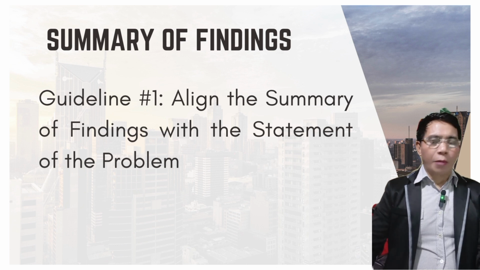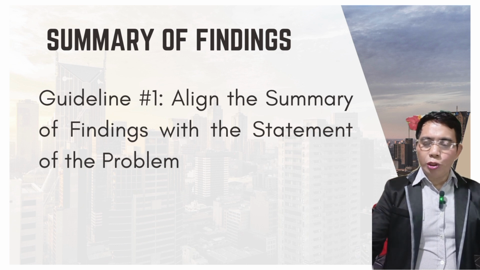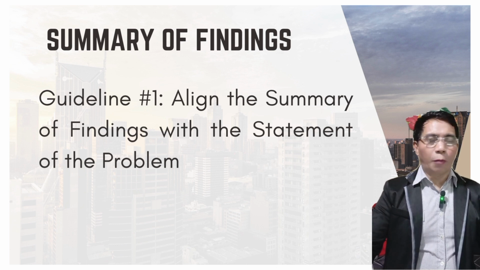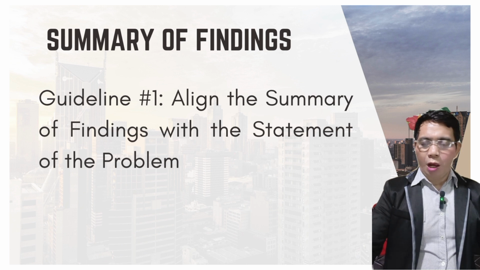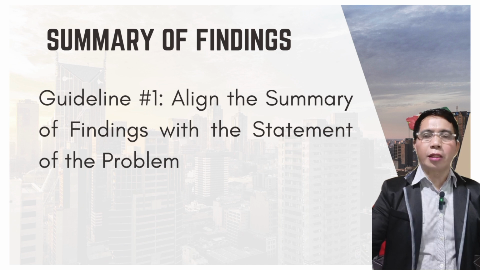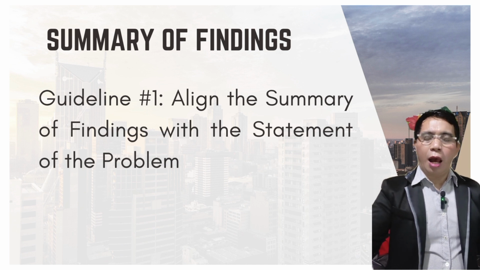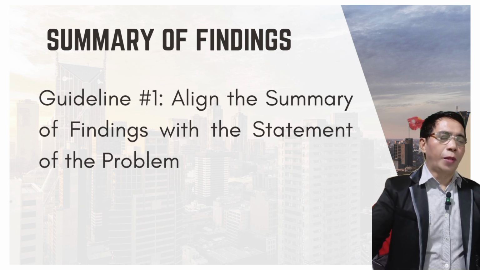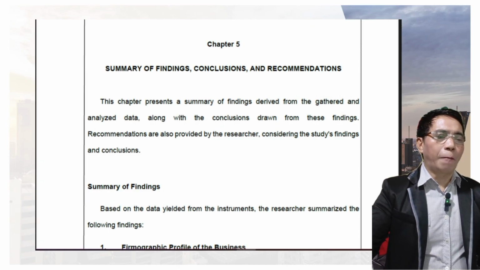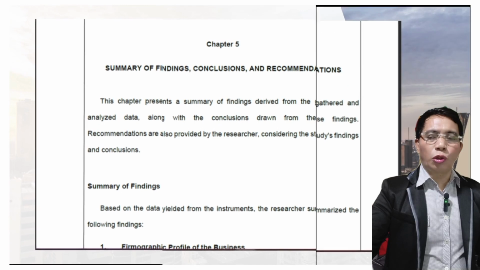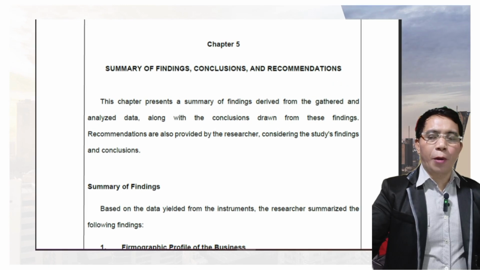In the chapter summary, you need to have a brief introduction of the paragraph, as you can see. Proceed to present your findings in direct response to each SOP. At this point, you already have the results of your statistical data ready to be reported in clear and concise terms. As you can see in Chapter 5, you do have the brief introductory part of the paragraph.